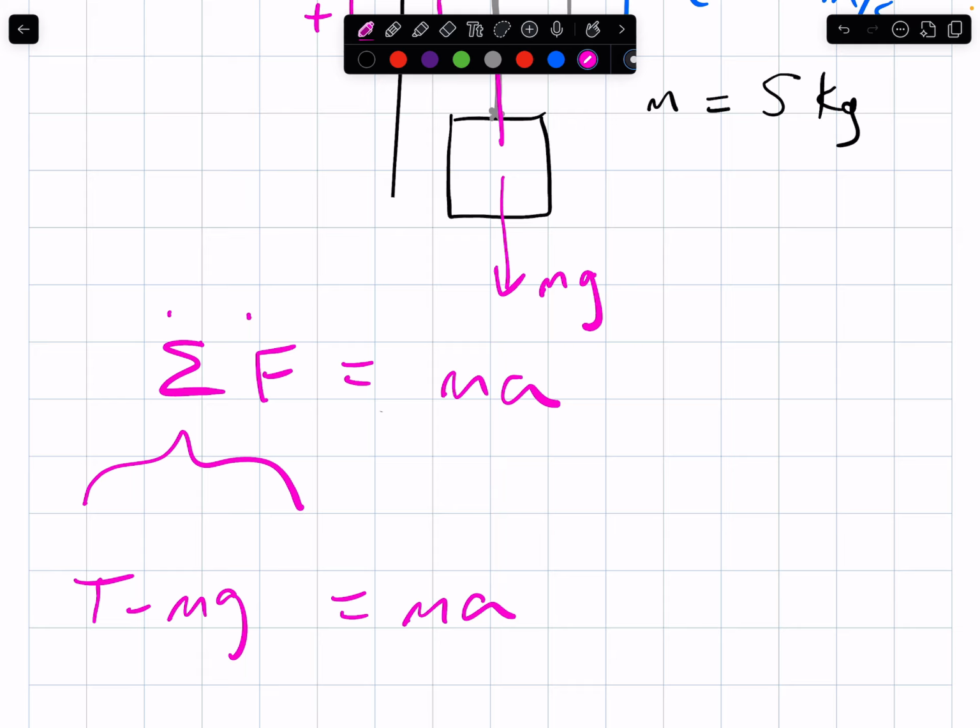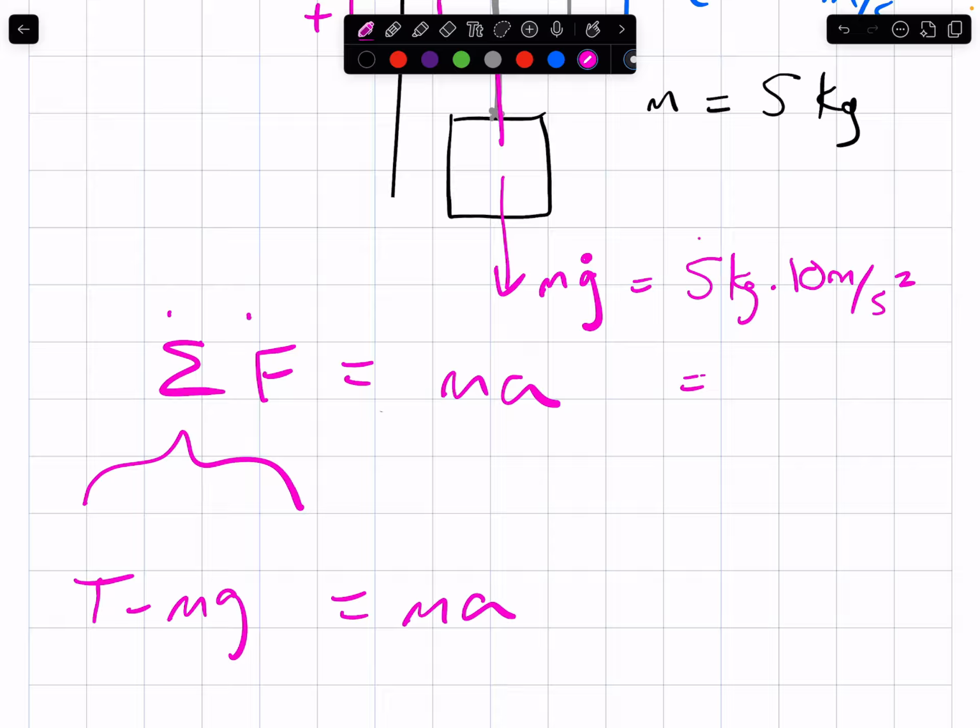And at this point, we can start to fill things in, okay? So for example, the weight of this object here, mg, that's the force of gravity. So it's going to be 5 kilograms. The value of g we're using here is 10 meters per second squared. Remember, it's actually 9.8 meters per second squared, but we're rounding up just to make the numbers nicer.